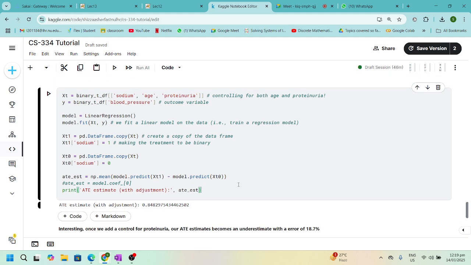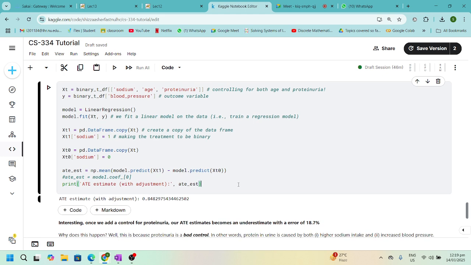If we try to make the causal directed acyclic graph, we will realize that age is something that's maybe affecting both. Maybe with age, the sodium intake has increased, or with age, the blood pressure has increased anyway. But when we look at the protein in urea, it is probably not something that is affecting the blood pressure or the sodium intake.